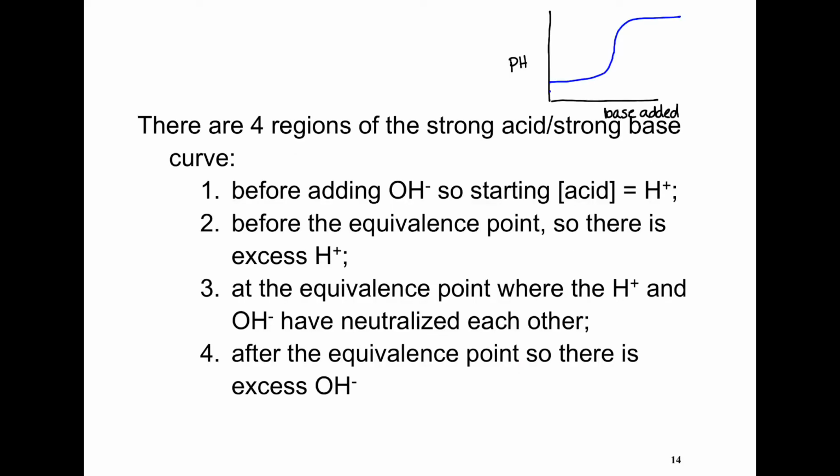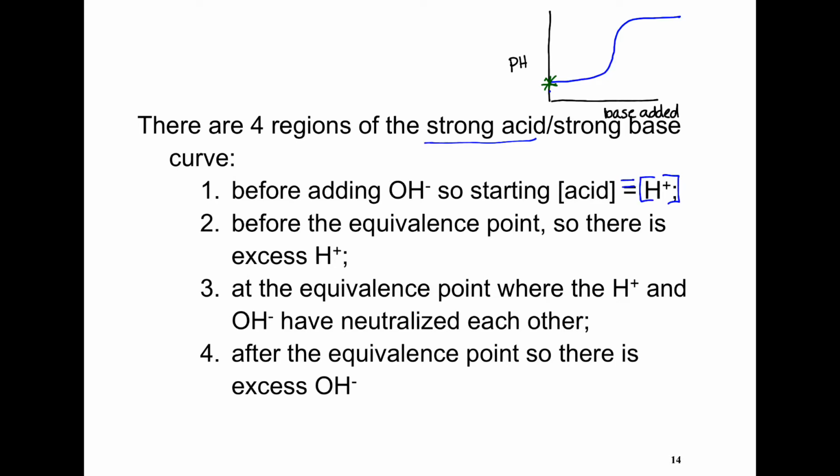So the equivalence point is easy to find the pH for in a strong acid and a strong base, but there are other points in the titration curve. So let's just start at the beginning. Before we've added any base, we just have acid in the titration flask. And so the pH is going to be based just on that acid. Because it's a strong acid, we know that the concentration of the acid is equal to the concentration of the hydrogen ions.